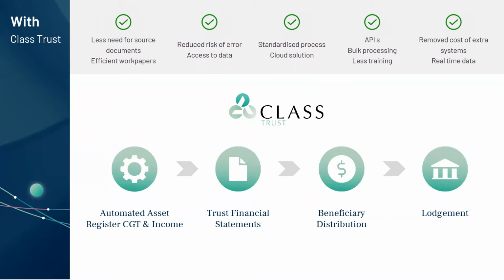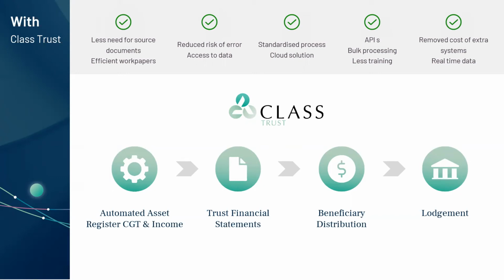At a high level, on top of this core wealth accounting functionality that Class provides, Class Trust has sophisticated financial statements for trust entities, which can be generated on demand and customized to a firm's needs. We've also simplified the complexities around the compliance on what a trust can and cannot distribute as part of the distribution to the beneficiaries or unit holders.